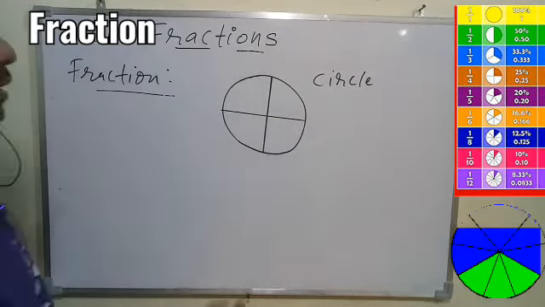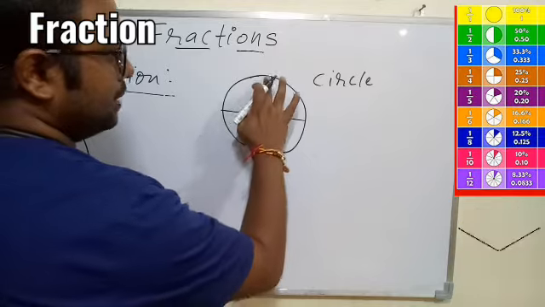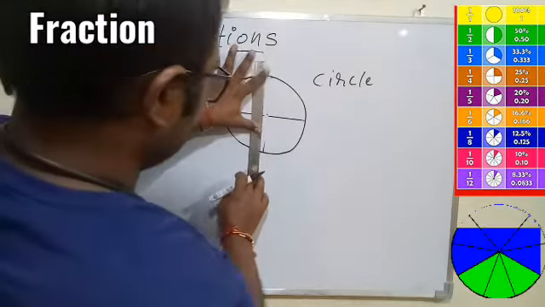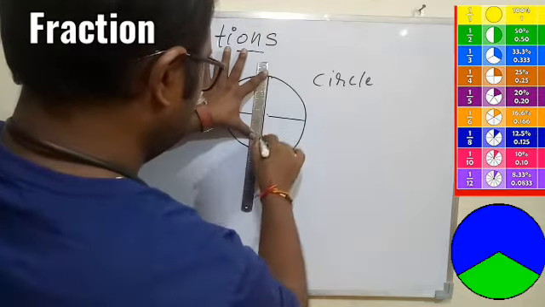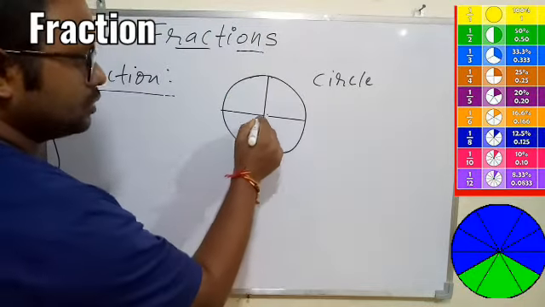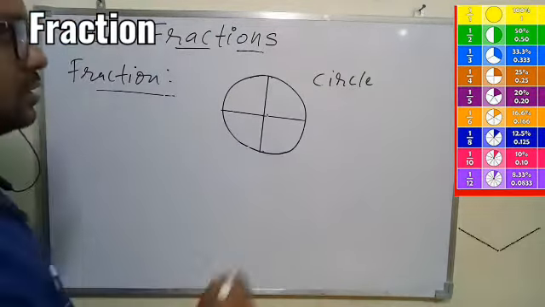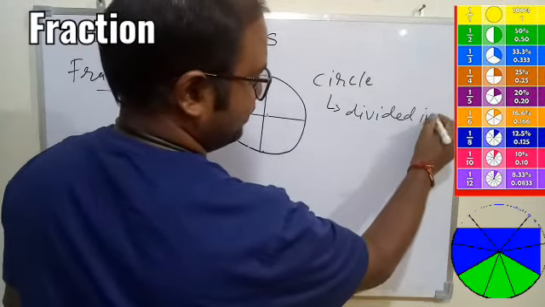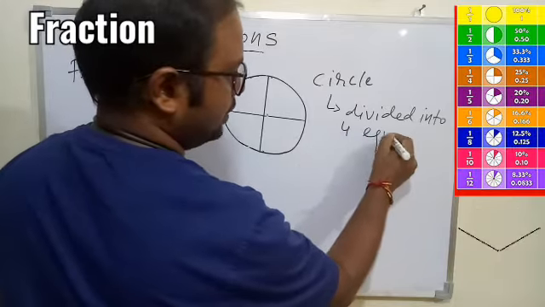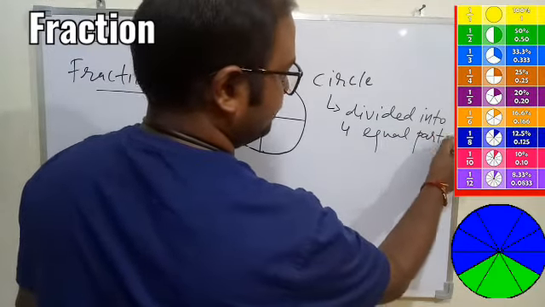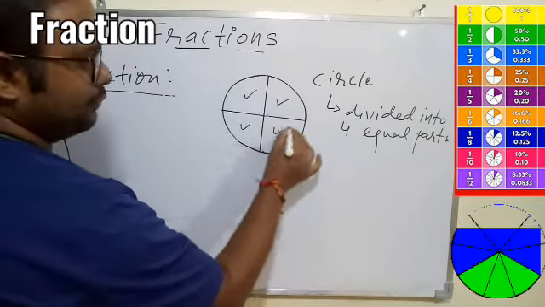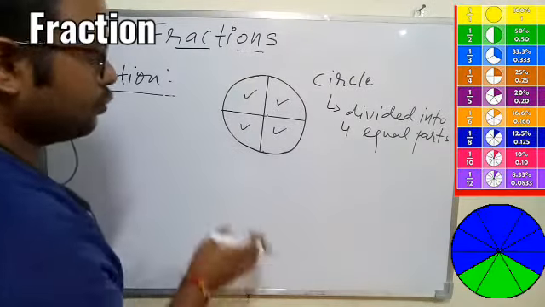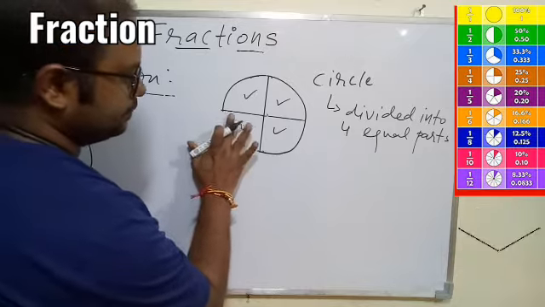So overall, we had one circle, and now we have divided it into how many equal parts, that we have to see in the diagram. Approximately. So we had one circle, now divided into how many parts? 4 equal parts that we can see. 1, 2, 3, 4.